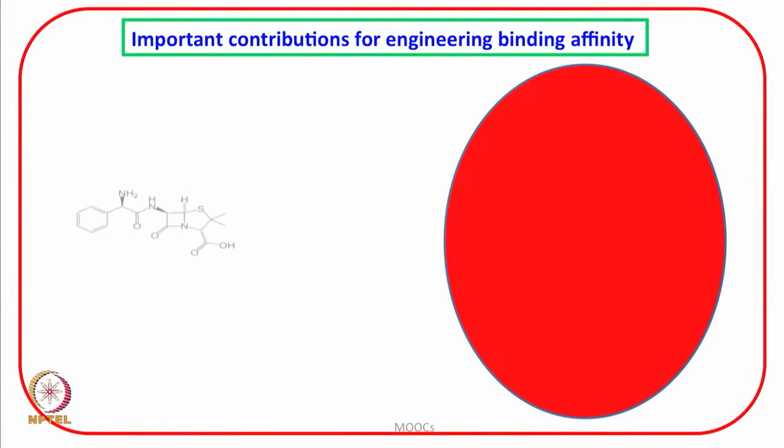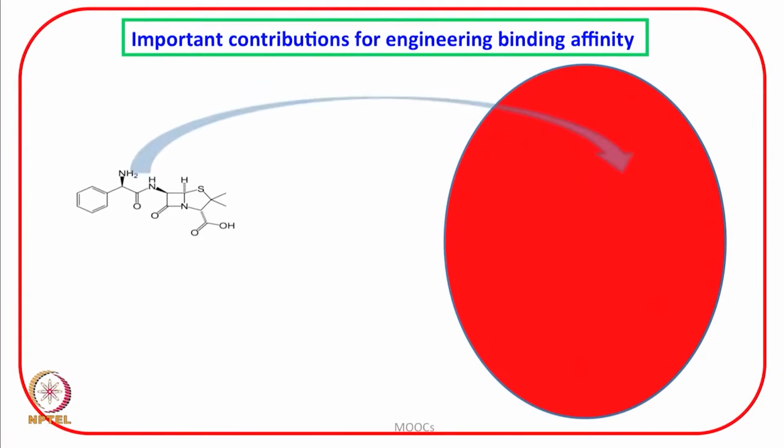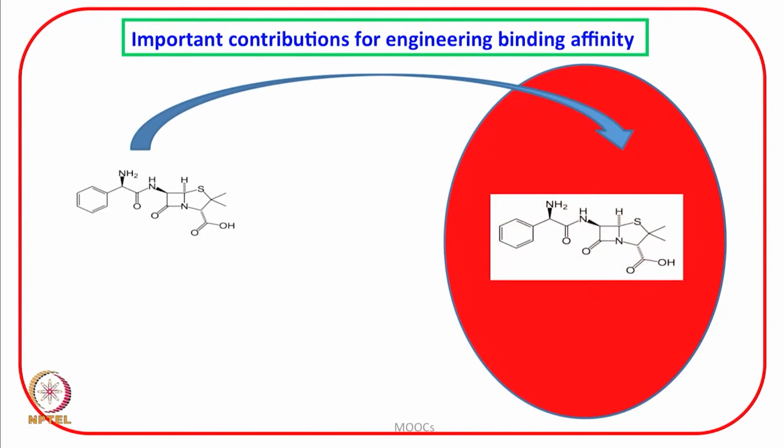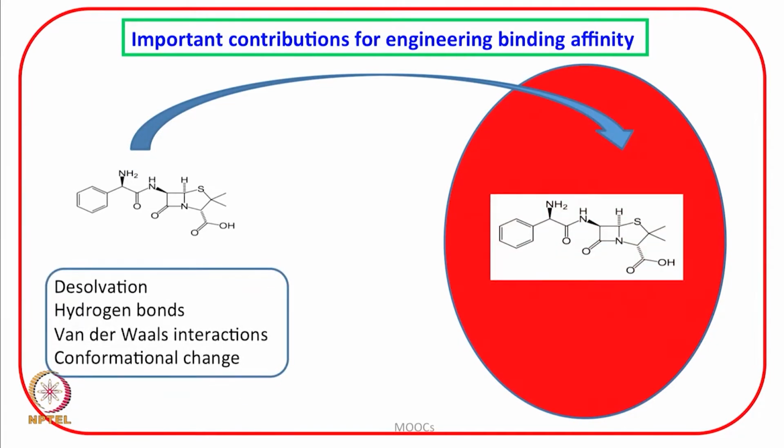Let us take a look at this slide. We talked in terms of this cavity, and we also discussed that if this molecule is to be placed in this cavity, then these are the various factors which we need to consider: desolvation, hydrogen bonding, van der Waals interactions, conformational change.